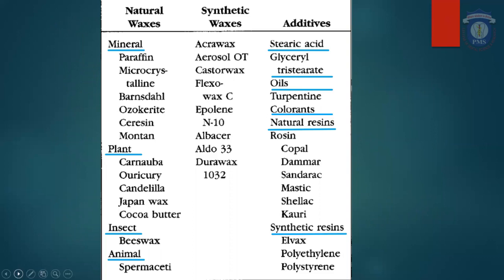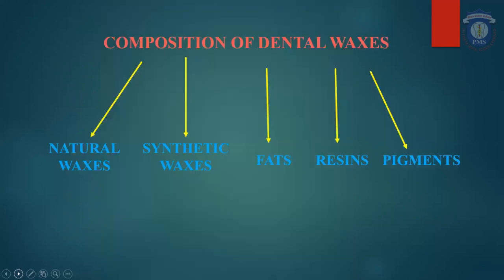Then there are additives added to modify the properties, like stearic acid, a fatty acid, and glyceryl tristearate, which is a fat. Then we have oils, colorants, resins, and synthetic resins. So basically, the major component is a natural wax, and to that some minor additives like fats, resins, pigments, and synthetic waxes will be added.